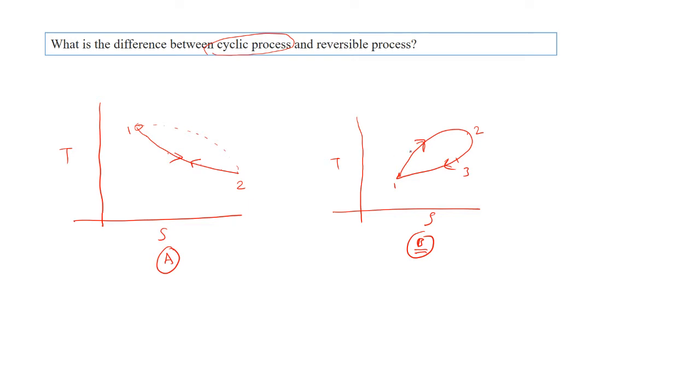So the processes which take us away from 1 would be different from the processes which take us towards the initial state. But when we are talking about a reversible process, we don't have an option. We are coming back to state 1 in the same process. So the same non-cyclic process is made reversible.